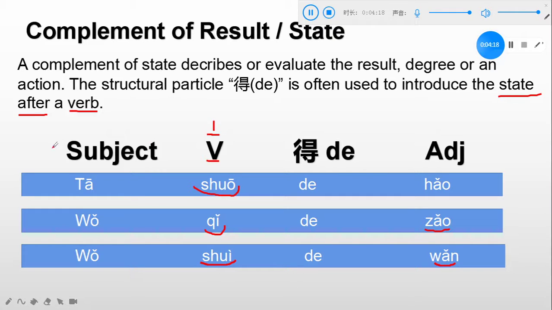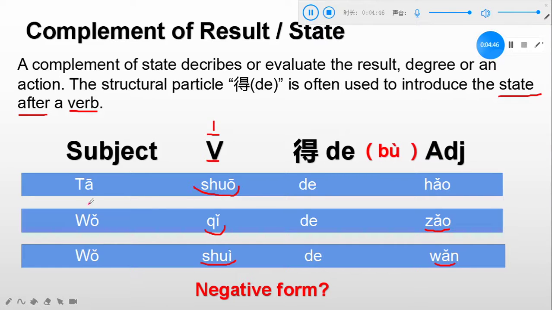Now, the same sentence structure, but think of what the negative form is. Like, what are the negative forms for the three examples? To indicate that it is a negative form, we just need to add the negative word. Remember? 不, the negative word, which we put before the adjective.